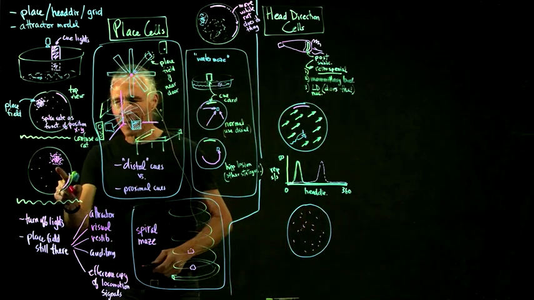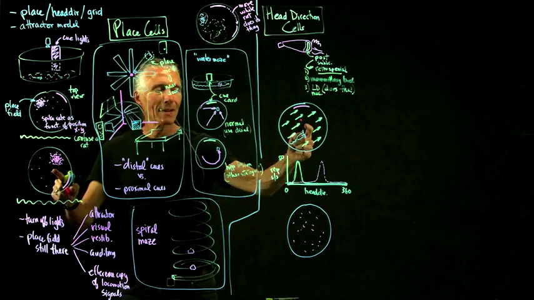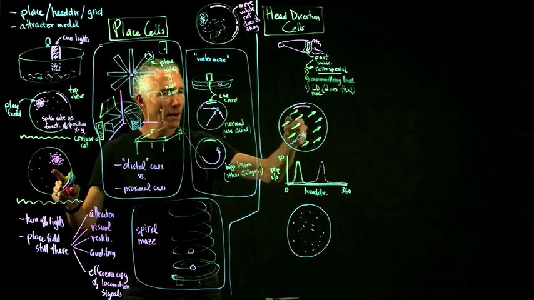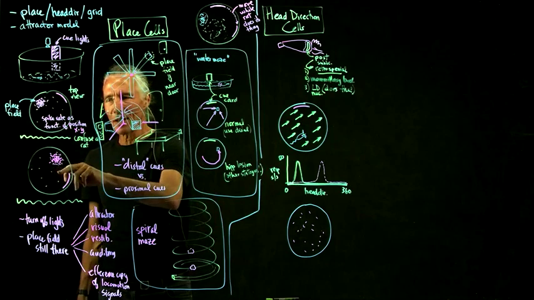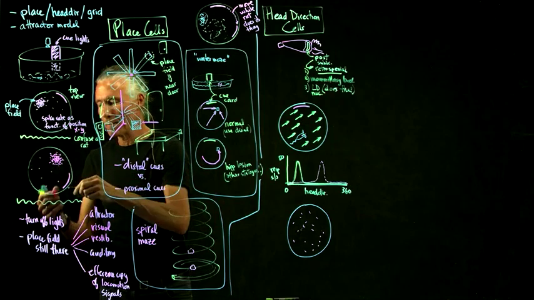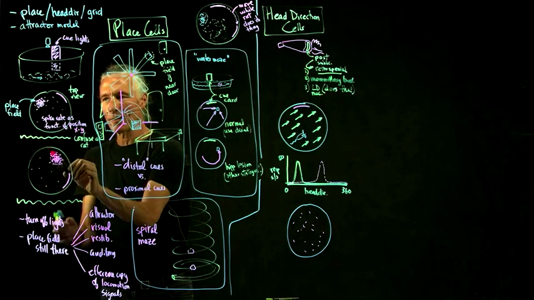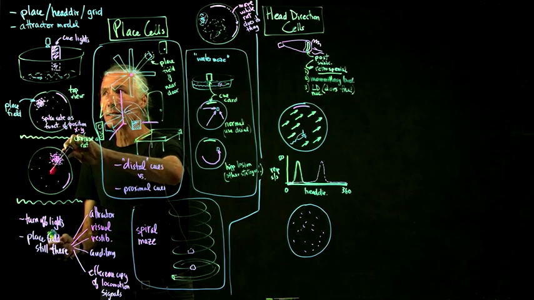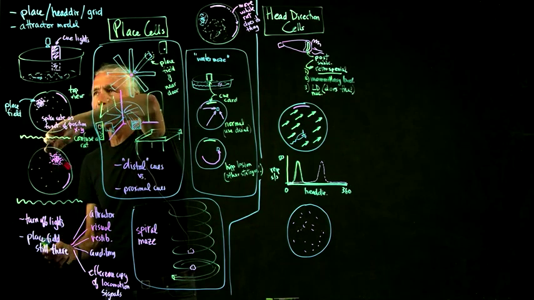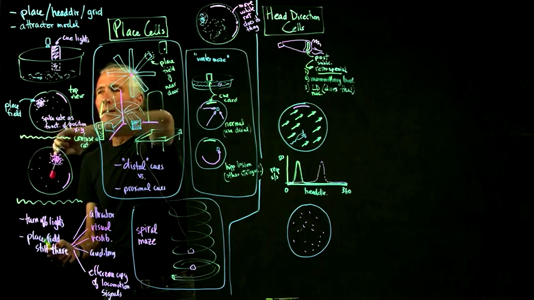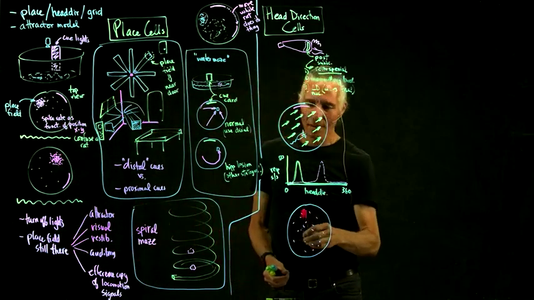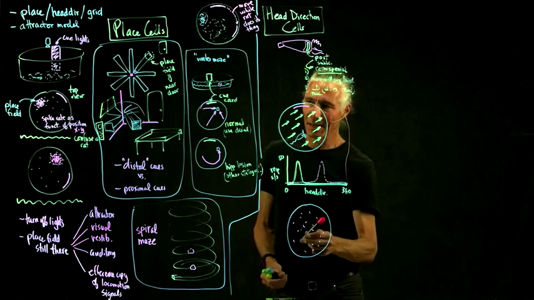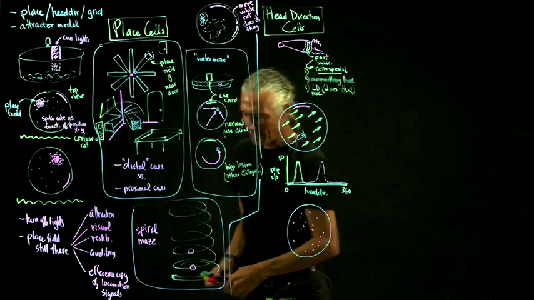Similarly, if we take a place cell and record their head direction, there's very little effect of head direction on the place cell. The place cell will fire whichever direction the head is aimed. It doesn't matter. Whereas these cells require that the rat's head direction is in a particular direction.